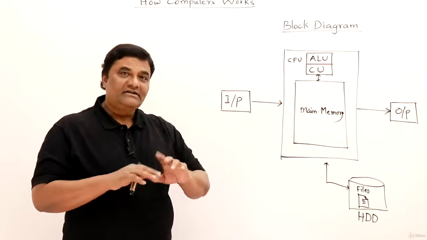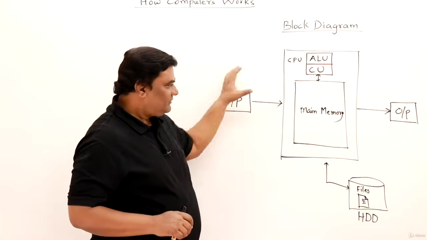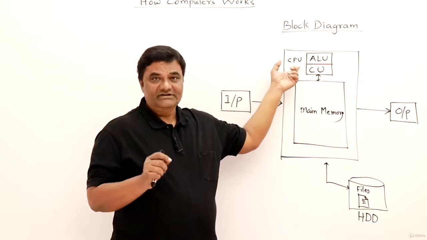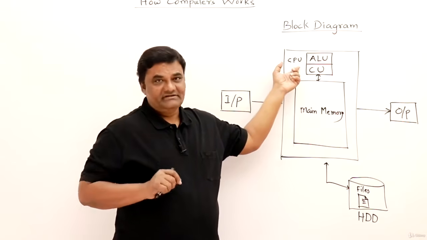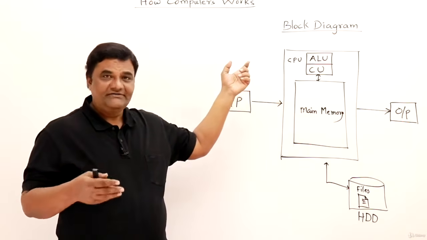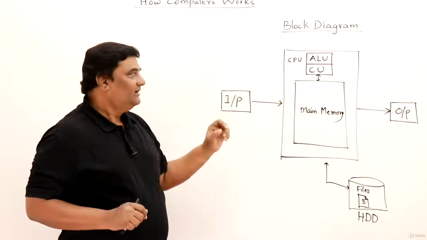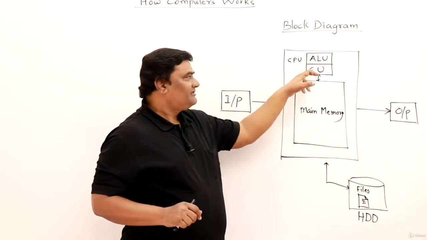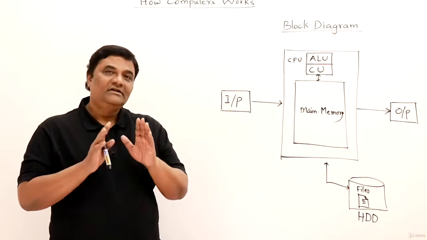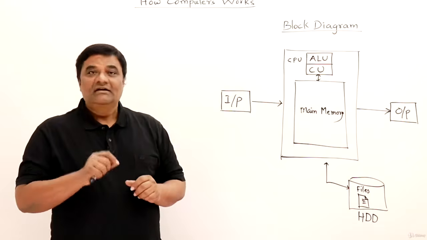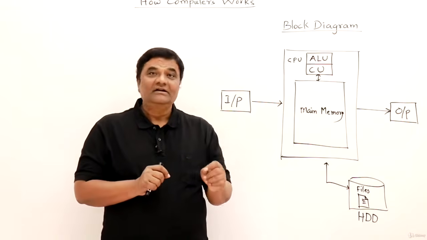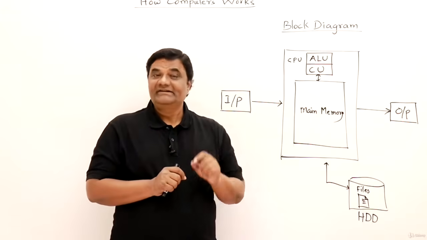Now let us understand their working. See, the heart of the computer is the CPU, that is central processing unit or microprocessor, or if you see present day processors, that is i3, i5, i7 processors. Now this processor will have two parts, arithmetic and logical unit and control unit. Arithmetic and logical unit can perform arithmetical and logical operations, basic operations.